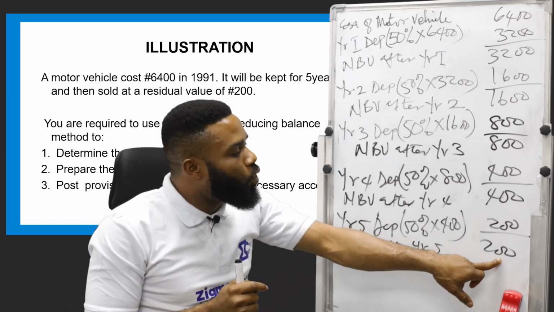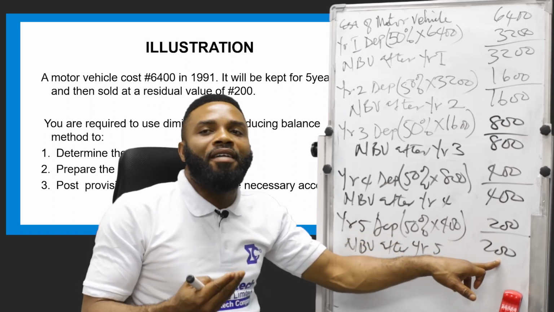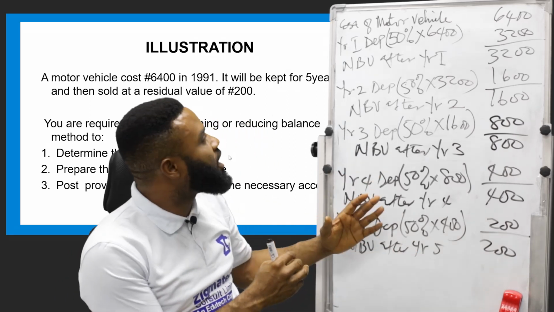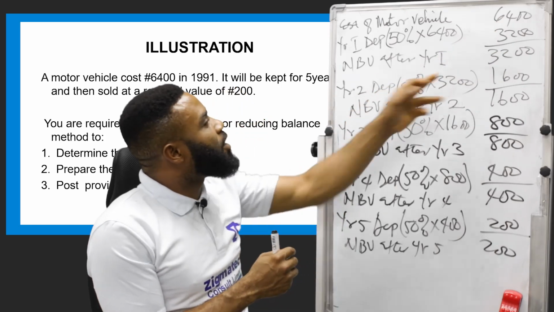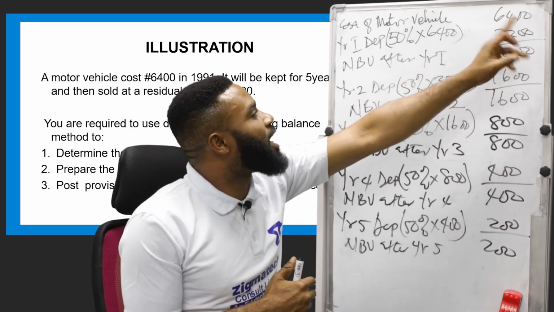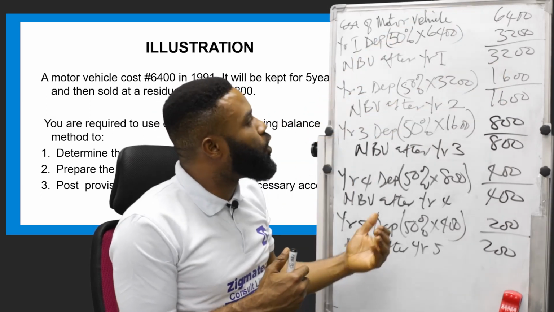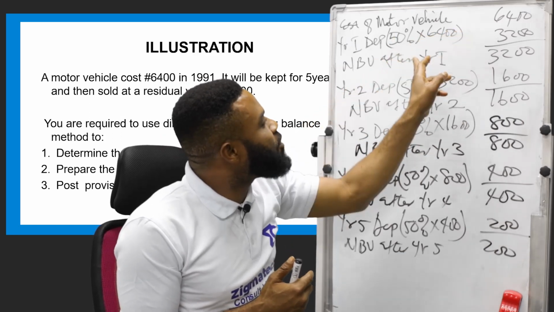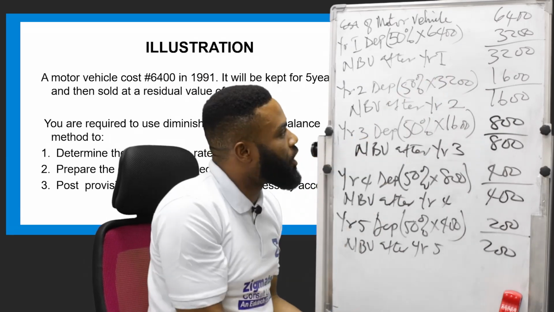Now you see this is the 200 that is assumed to be the value of the asset after 5 years, and that's what is given in the question. So anybody that looked at this calculation will see that from the beginning the cost of the asset was 6,400. Now the first depreciation is 3,200. When you subtract the first one from here, you have 3,200, and then you have to calculate the 50% on the net book value of the asset after year 1. That is why we are having 3,200 here.